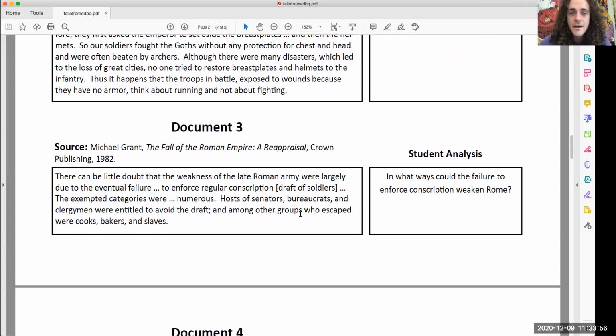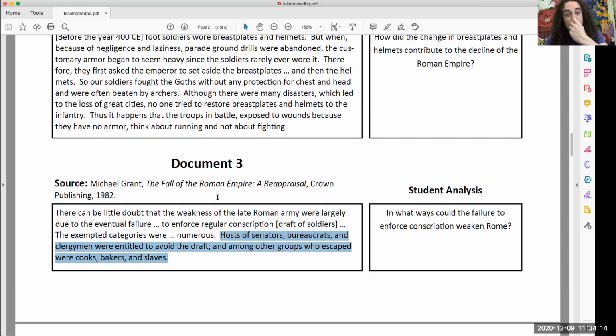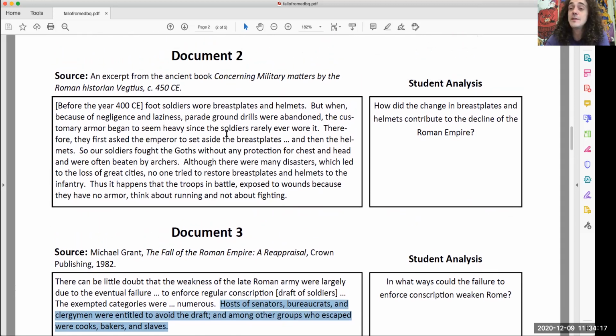Once again, if you wanted to look at the group of people who are able to escape it, does that show a lack of discipline? Does that show a lack of military preparation? Does that show a lack of enforcement due to inconsistent rulers, right? If you wanted to use document 2, and talk about the lack of military preparation as the fall of Rome, well, document 3 builds into that.